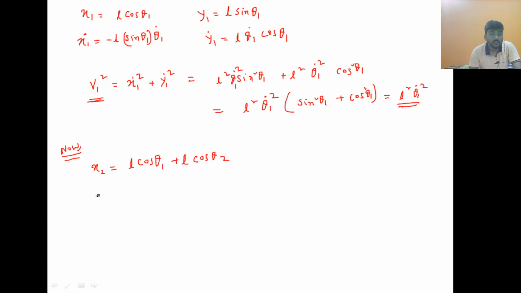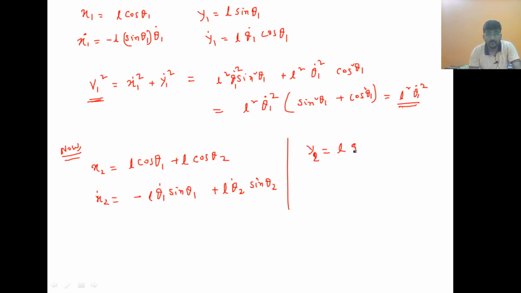So, what will be x2 dot? x2 dot will be minus L theta 1 dot sin theta 1 minus L theta 2 dot sin theta 2.